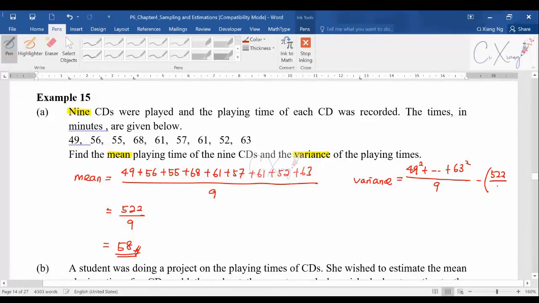So mean I'll use 522 over 9 squared. So all these are the basic formula that we learned previously, right? Okay, then the summation of x squared that I get is 30550 divided by 9, then minus 522 over 9 squared. So you should get 30.4.